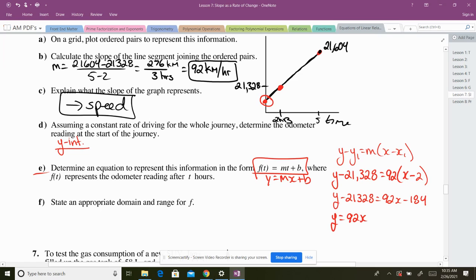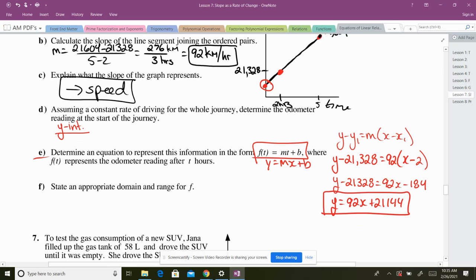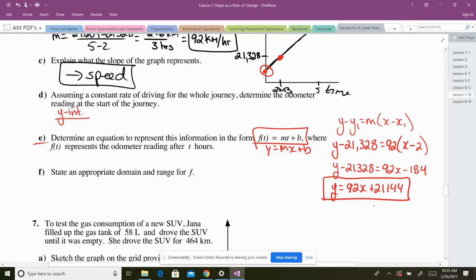So whatever negative 184 plus 21,328 is. 21,144. So there's the equation of the line.